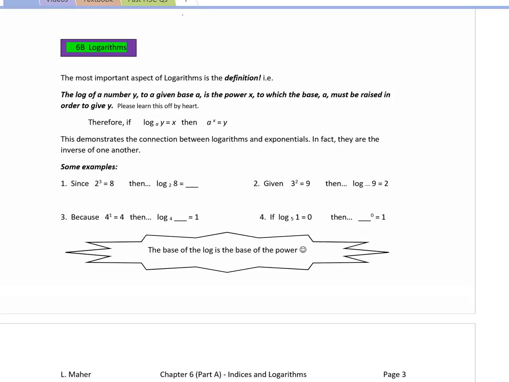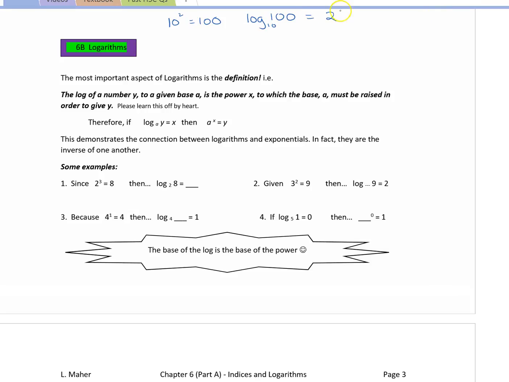So for example, you know that 10 squared is equal to 100. If I was to take the log then of 100 to base 10, I get back to the index. Taking the log of a number produces the index.